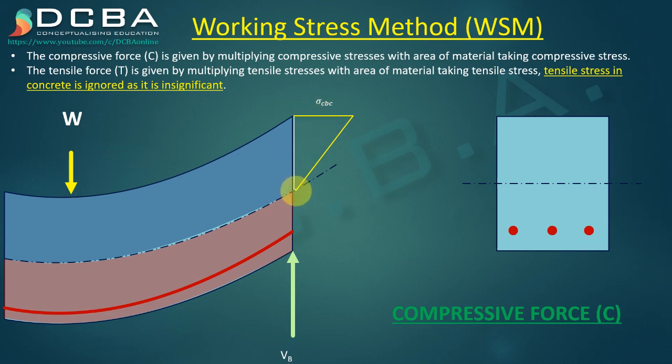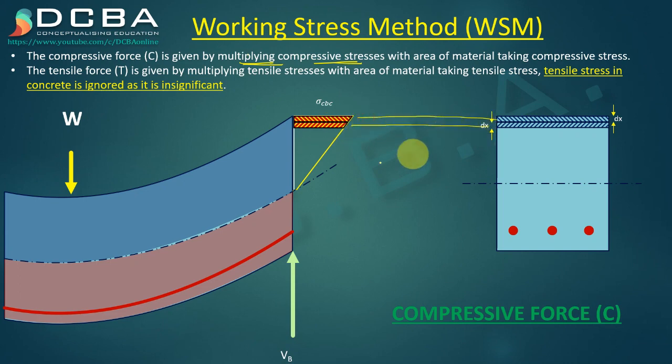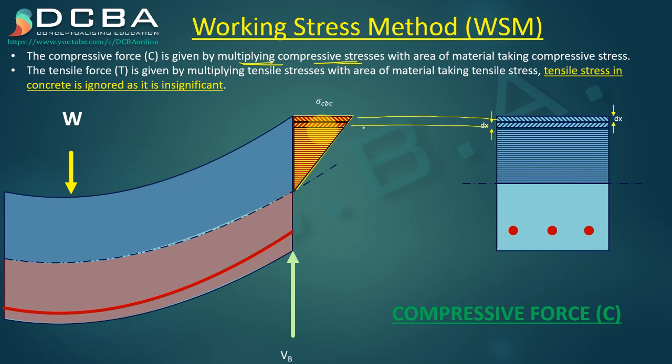So if I have to multiply my compressive stress with the area of material, basically what I have to do is multiply this small area with the corresponding small stress. Then the next small area I have to multiply with the corresponding stress at that level. You understand? Same way, at the end I would have multiplied this entire area with the entire stress.